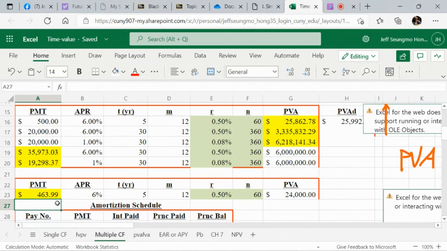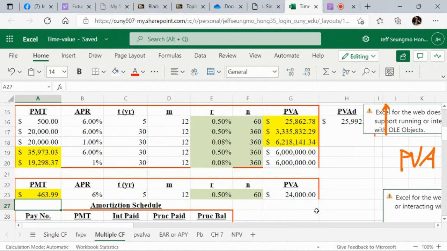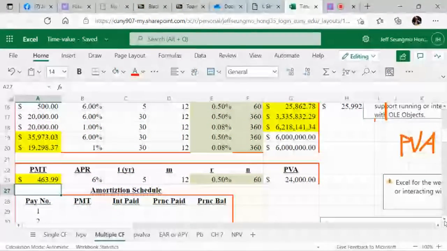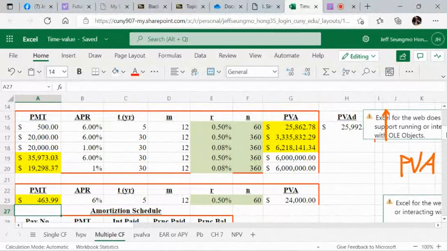So this brings us to the next topic, amortization.